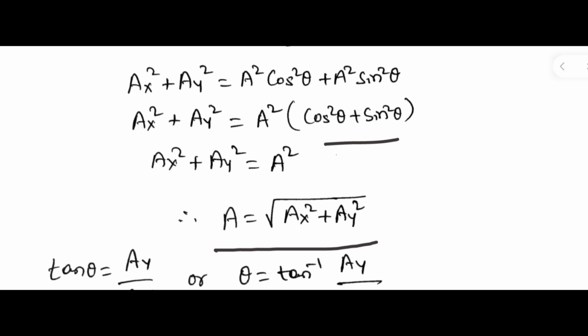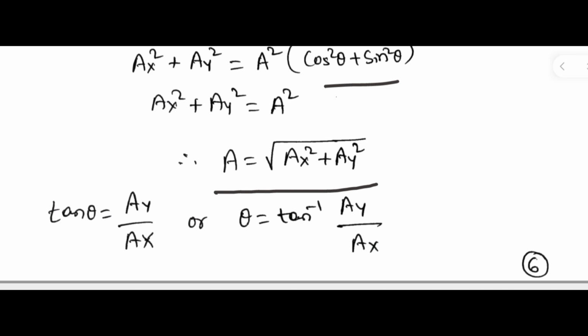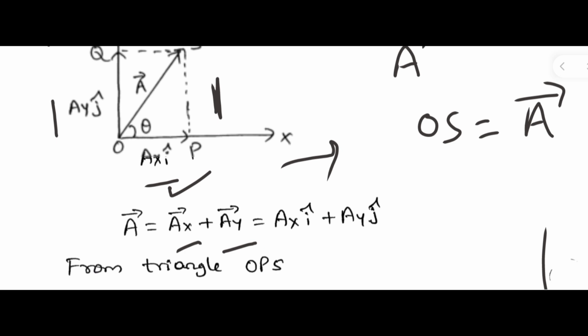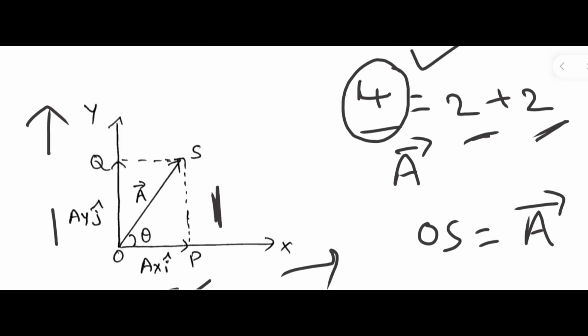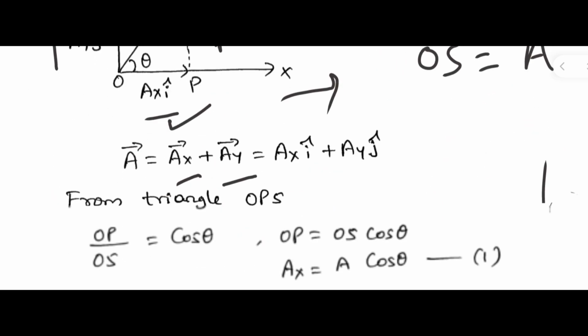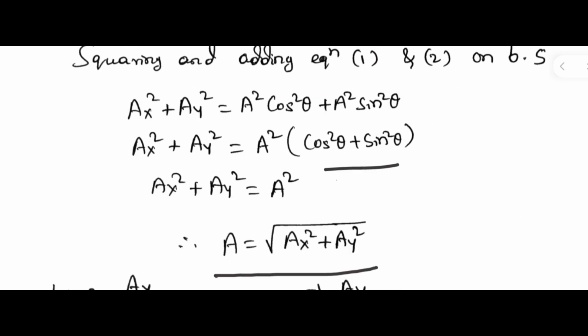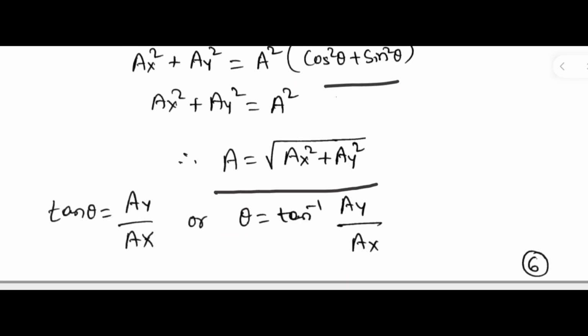Next you can also find the tan of the angle. Tan theta equals opposite by adjacent from the diagram. Opposite means PS, and the figure looks like a rectangle, so OQ and PS are equal, and OP and QS are equal. So tan theta equals Ay by Ax, opposite by adjacent side.